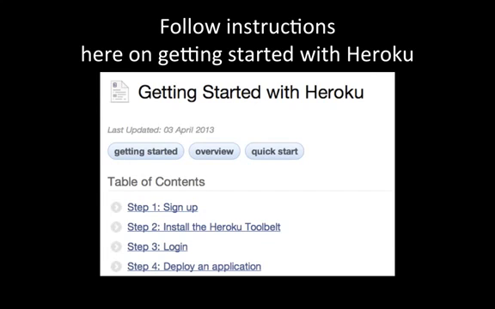The next most important thing here is to follow the instructions. There is a pretty good page called Getting Started with Heroku. The three main things are: you have to make sure you've signed up. Only then you can create an app with that URL that I just showed you. You have to install Heroku Tool Belt. This is pretty important.